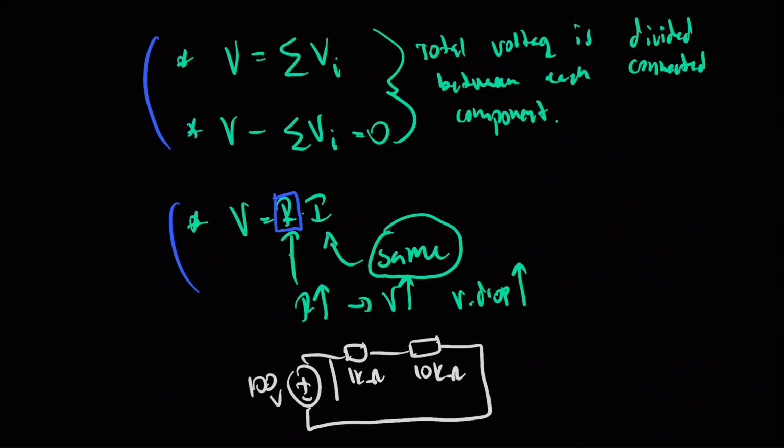So across here and across here we measure the voltage drops. So across the first resistor R1 and R2, across R1 we have a much lesser voltage drop. Actually 10 times lesser voltage drop.